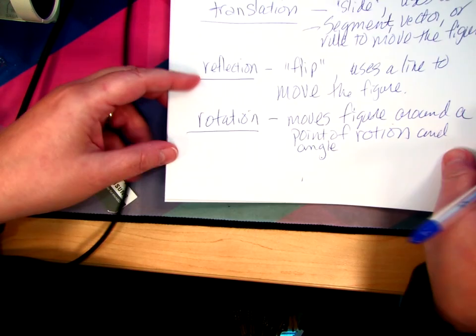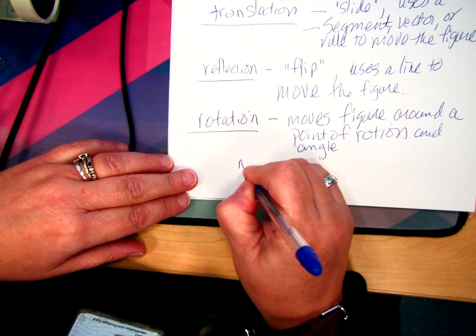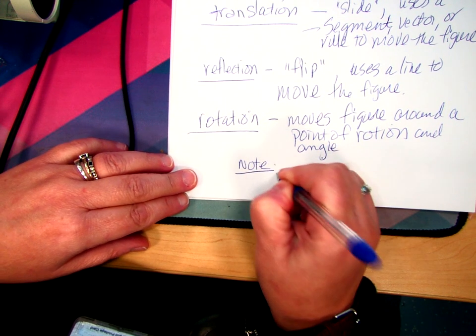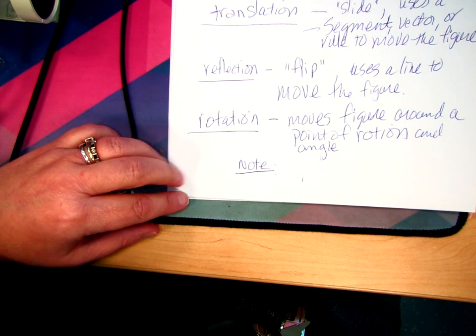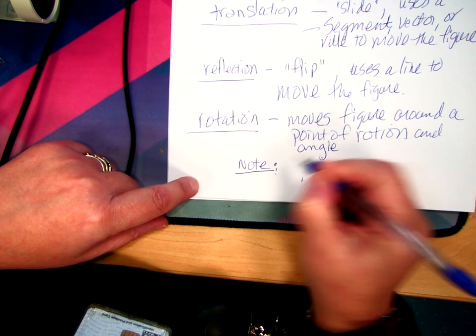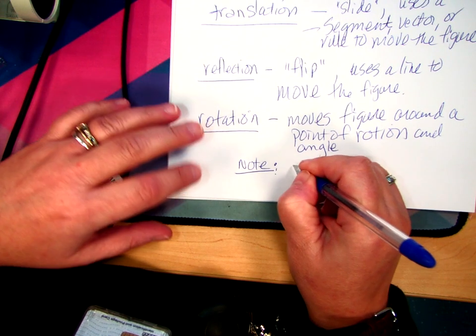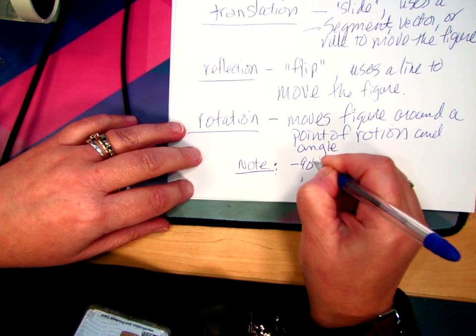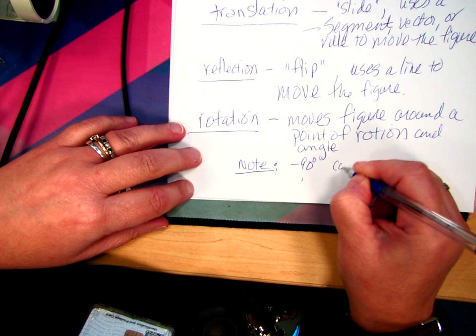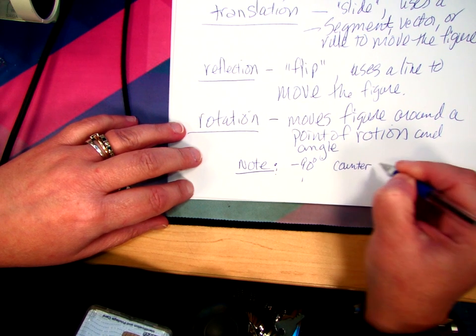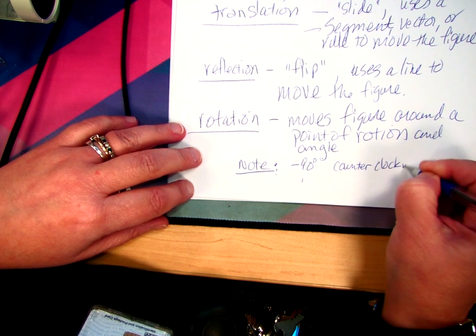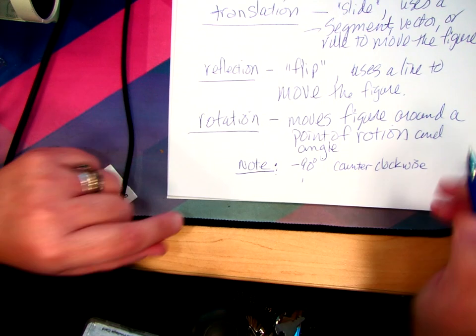Now, that having been said, here's a note that I did not have you put down before, but I want you to add this. If, in the notation, you get something that says negative 90 degrees, this is counterclockwise. In other words, the opposite direction that the clock moves.